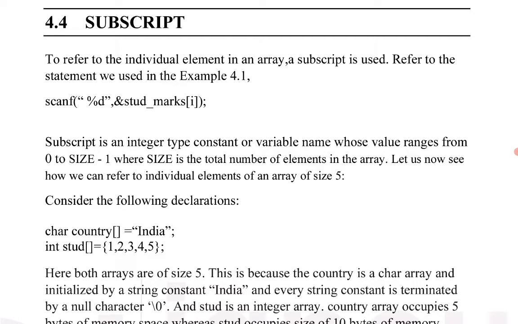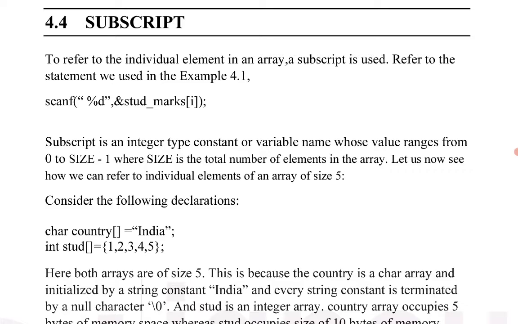To refer to an element, we use the following syntax: scanf("%d", &studentmarks[i]). Here we use i as a subscript or index variable, and studentmarks is the name of the array.